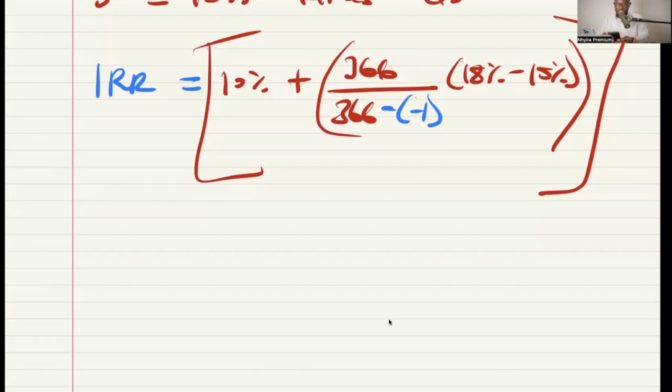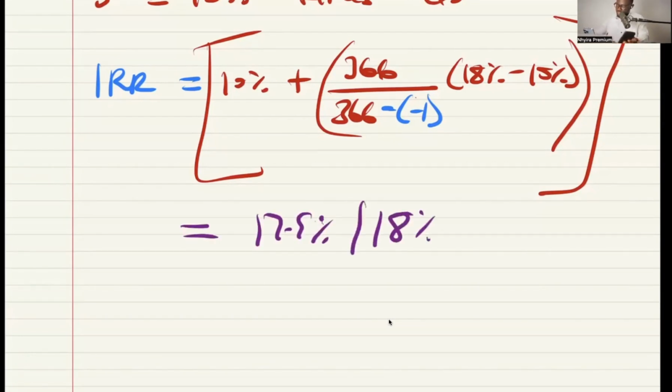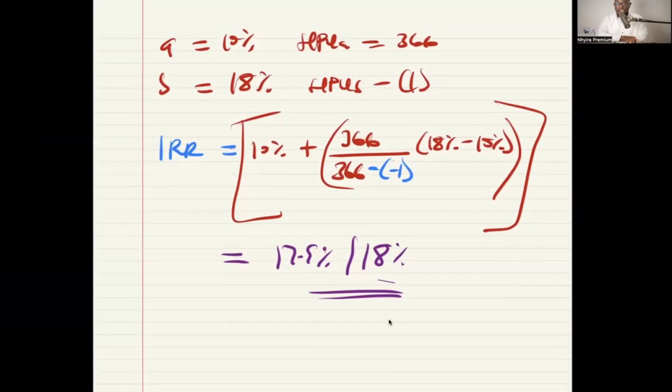But if you have those basic calculators, then I don't know how you can deliver yourself from that. But we move. You can still punch your way out. So I am getting 17.9%, approximately 18%. So that is the IRR.